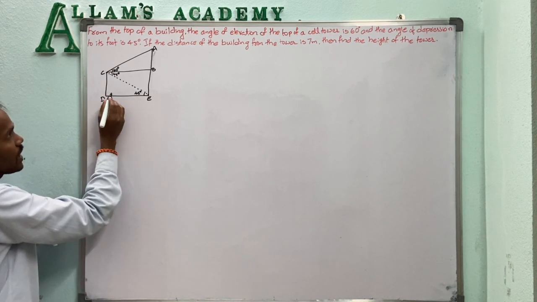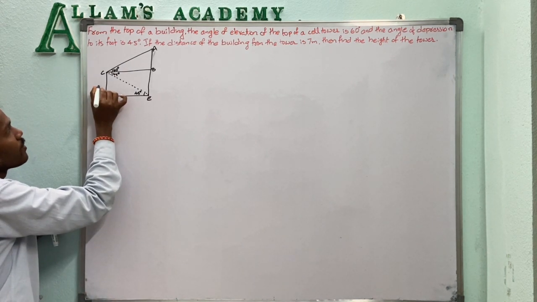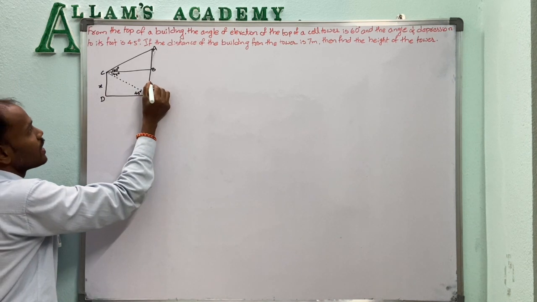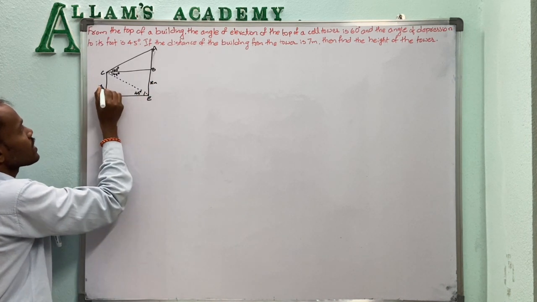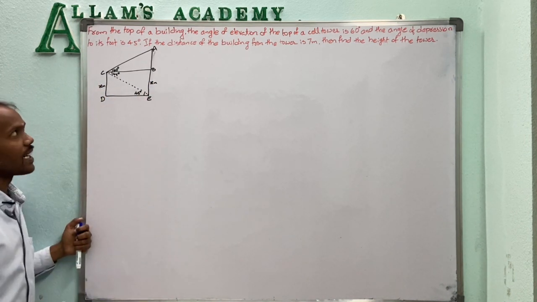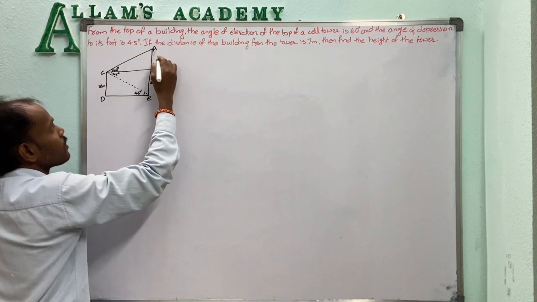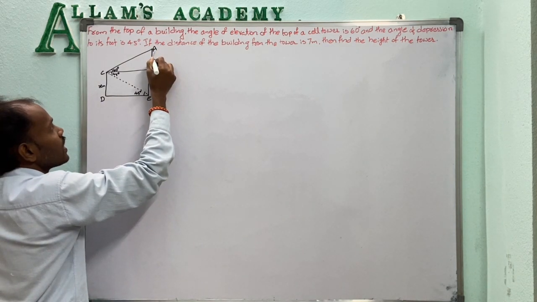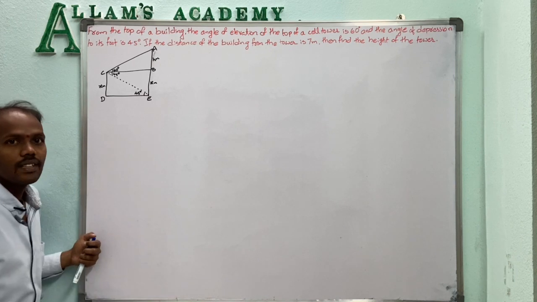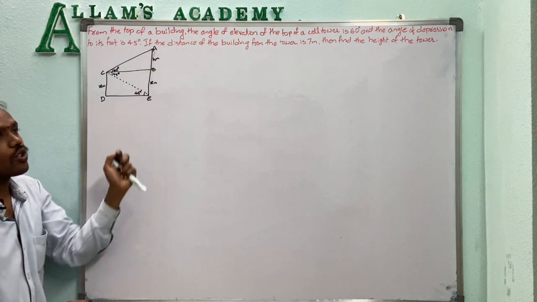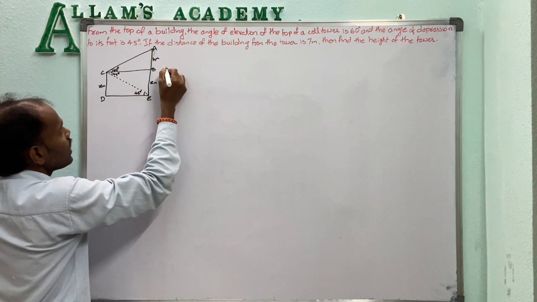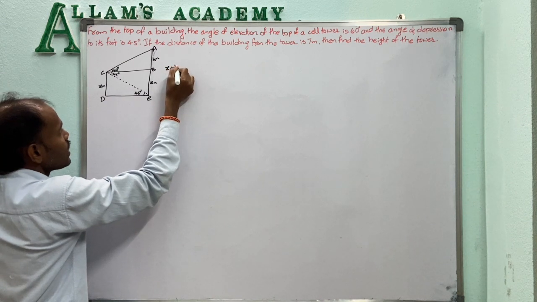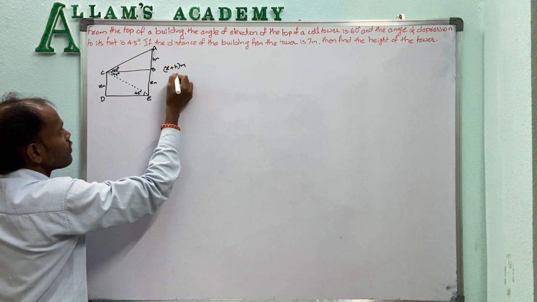Now if the height of the building is taken as x meters and this part is h meters, then the height of the total cell tower is x plus h meters.